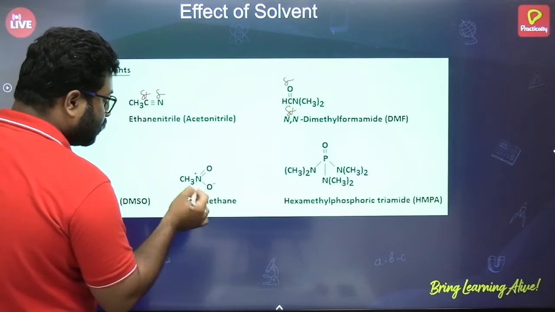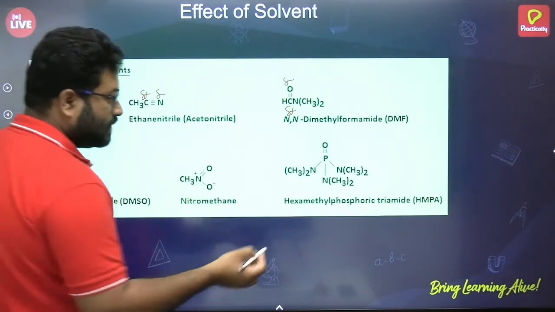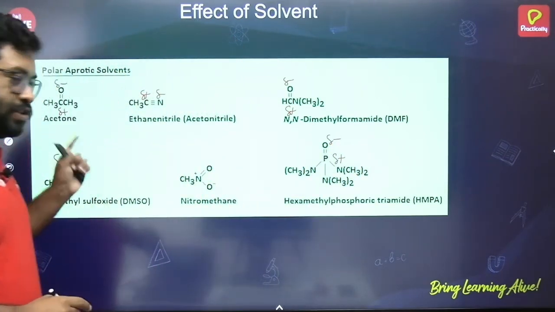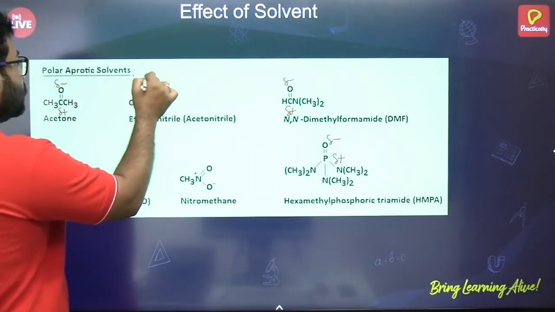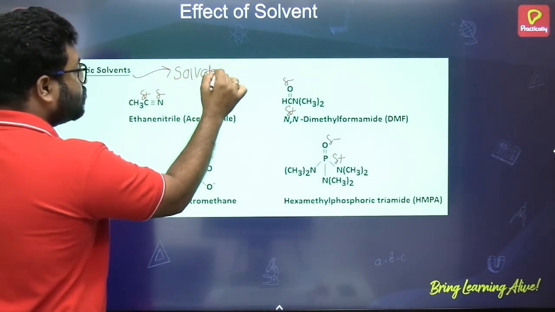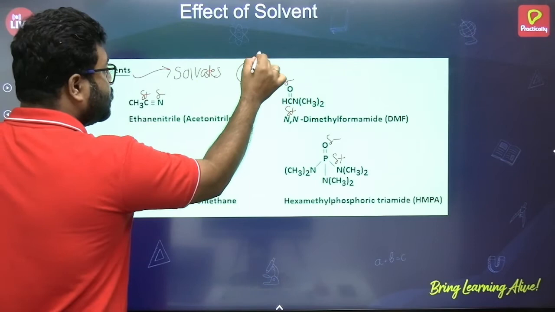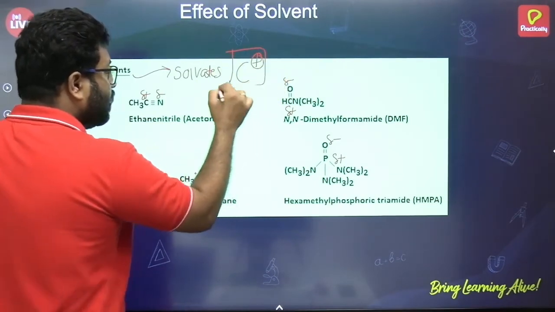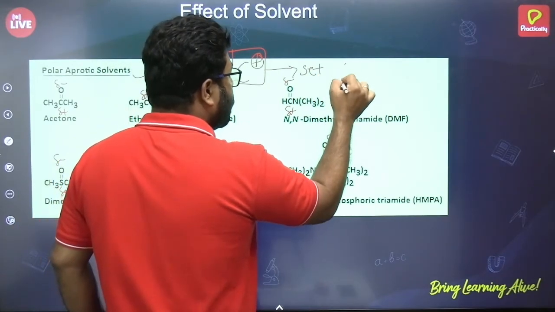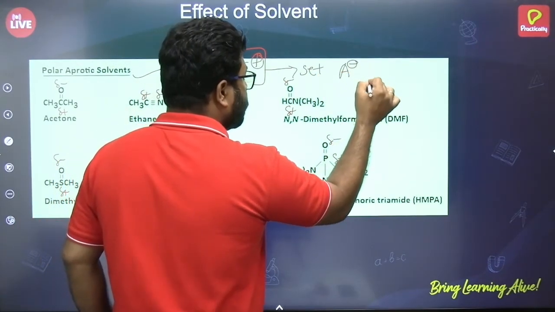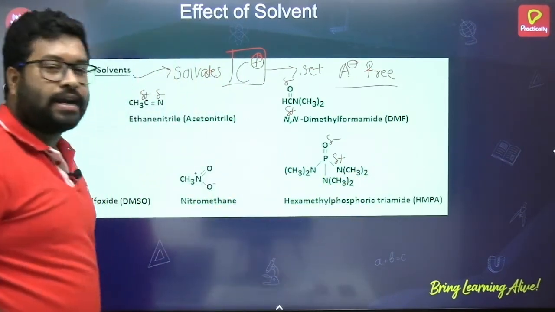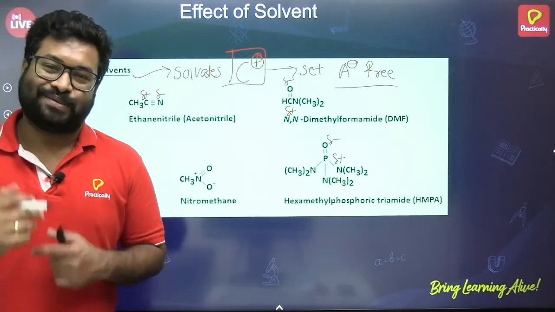And here also nitrogen has a plus charge, oxygen a negative charge. You can see here phosphorus delta plus, oxygen delta minus. So all of these solvents basically solvate the cation, and this sets the anion free, so that your anion can now attack your substrate.